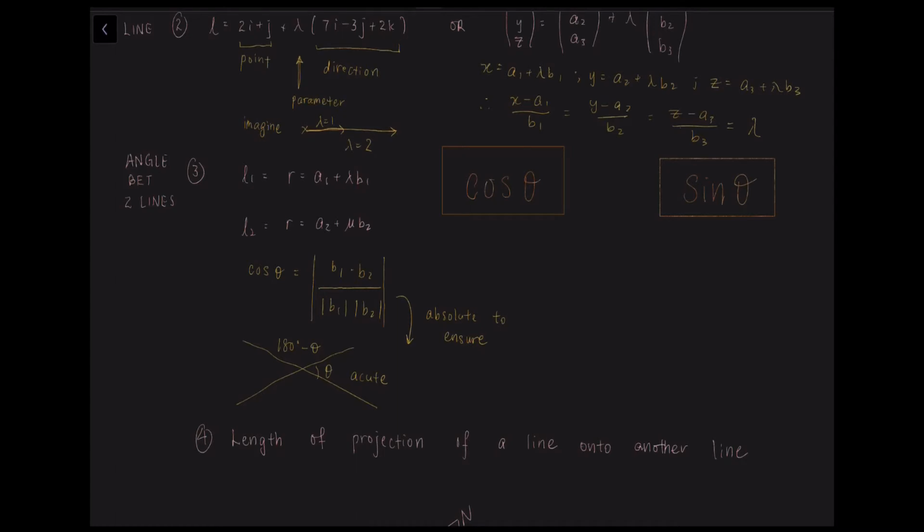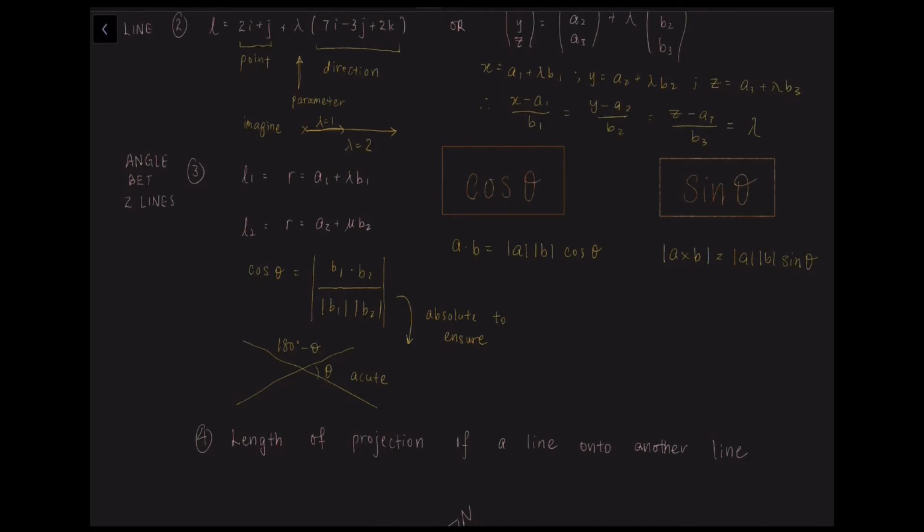So a dot b equals modulus a times modulus b cos theta, whereas a cross b equals the modulus of a times the modulus of b sin theta. So this must be memorized in your mind because you are going to use them later.